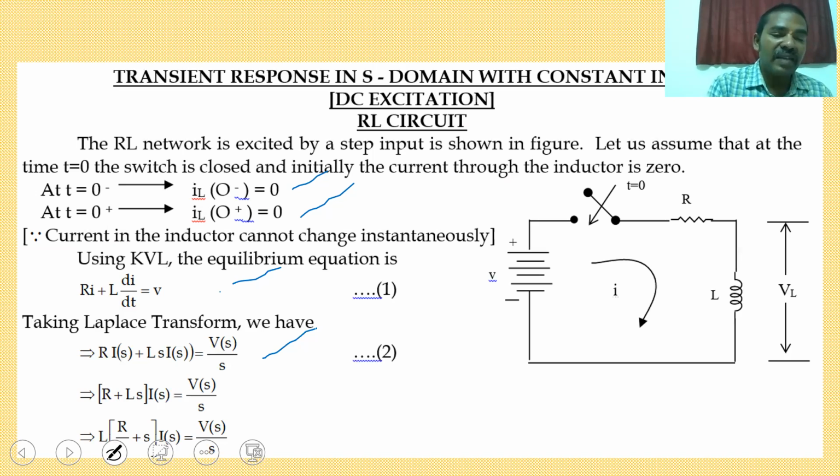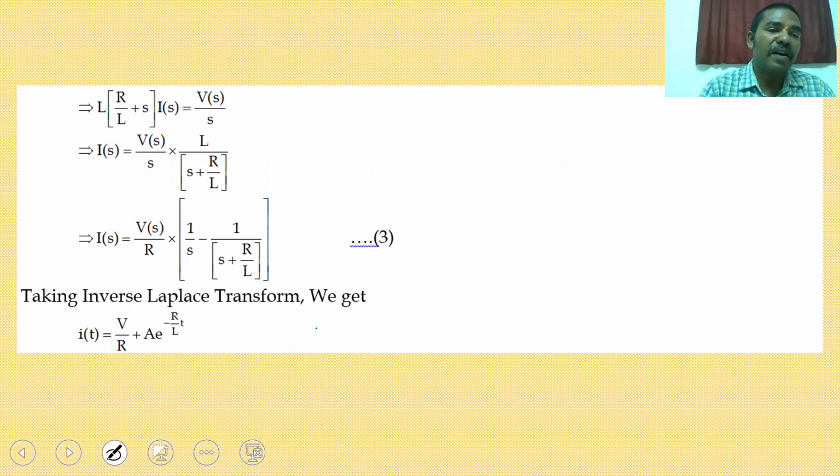Then I am taking L as common. So L into S plus R by L into I of S is equal to V by S. So I of S is equal to V by L divided by S into S plus R by L. Here, with S and S plus R by L, you have to go for partial fractions.